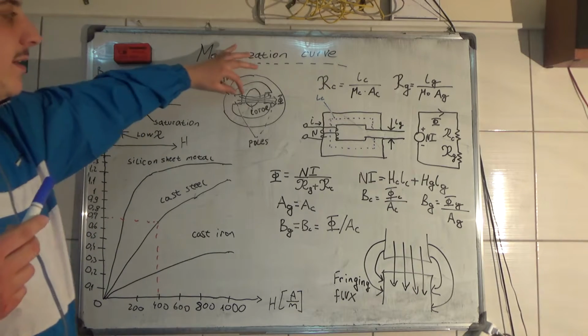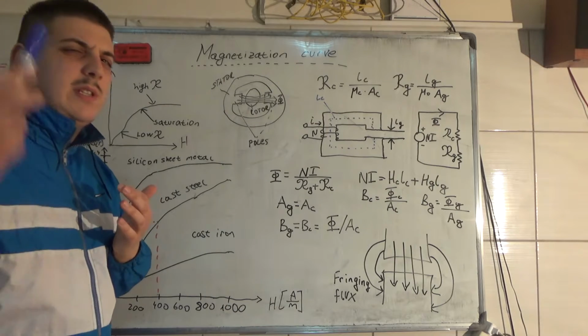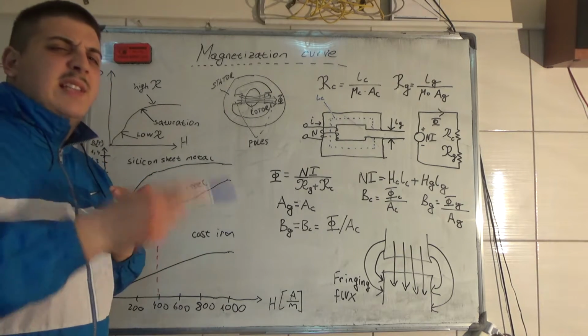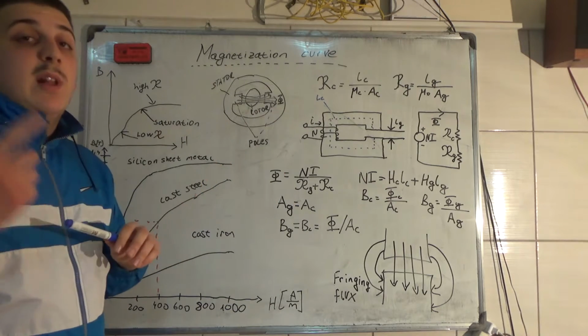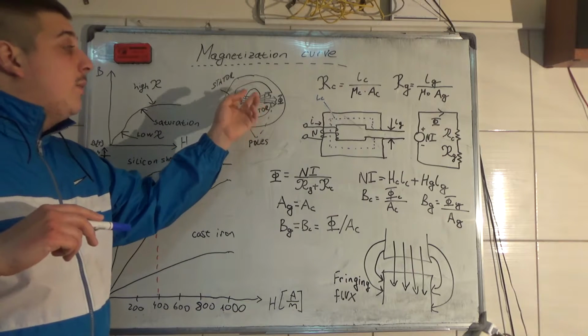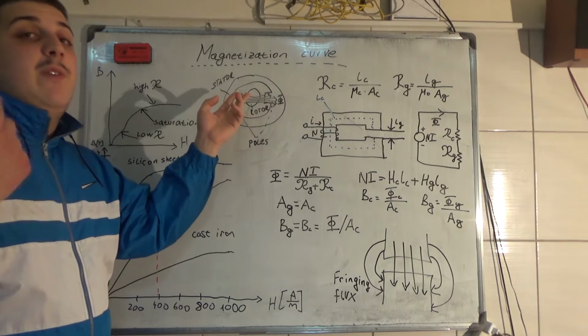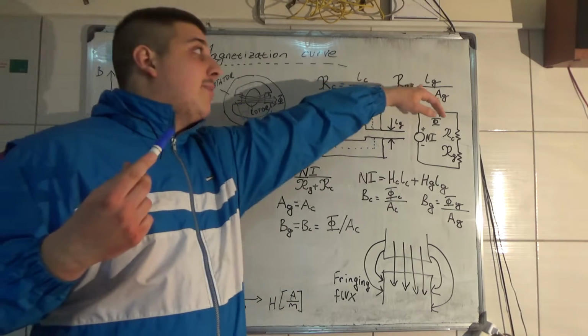So these air gaps are usually very small. You will see in the example in my next video, we're going to calculate some things, that we have to make these air gaps very small, so the reluctance of the air gap is smaller.